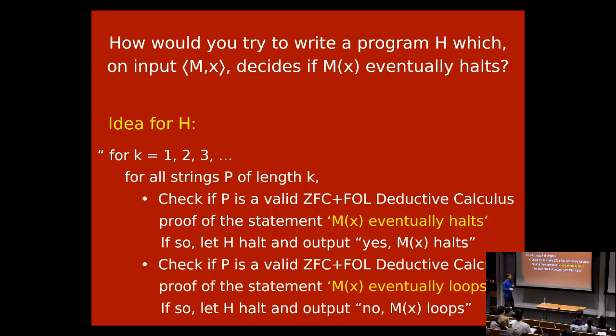And at the same time, while you're here with p, you also check if it's a valid deduction of the statement "M of x eventually loops." And if it does, then you're like, great, let's output no, M of x loops. So you search for a proof of the answer one way or the other. And as soon as you find such a proof, you output the associated conclusion.